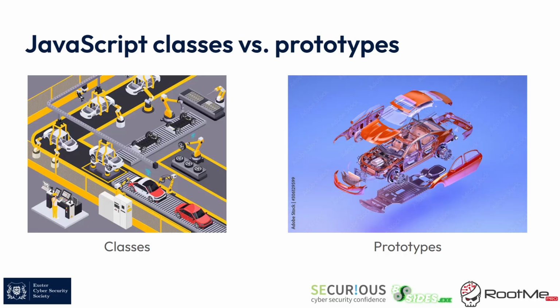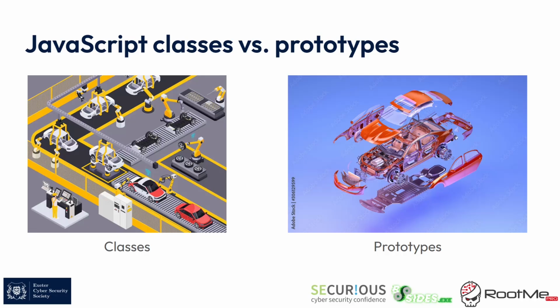In this analogy, I've used car factories. For classes, you have a very detailed blueprint of a car that you want to build, and you use your classes to keep creating a bunch of these cars, but they all have the same specification, the same properties, the same design.